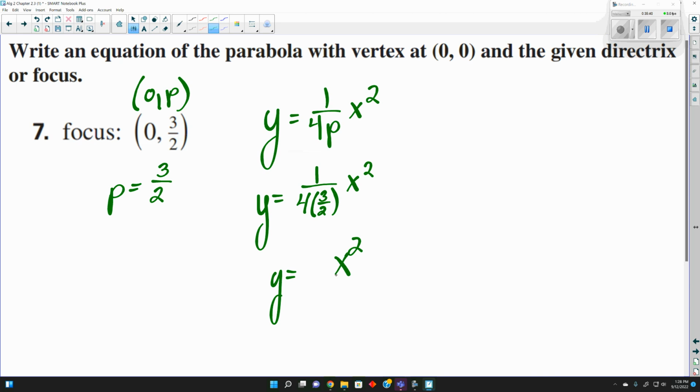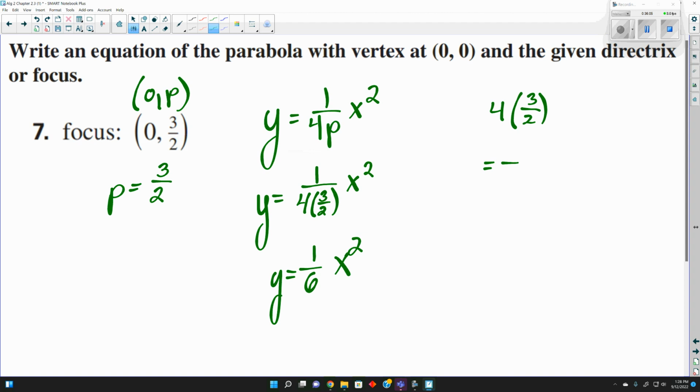Now at this point here, we could put 1 over 4 times 3/2 in a calculator and hit enter and let it figure it out for us. So 3/2, well, we're going to definitely take half of 4, yes? What's half of 4? Times 3. Now we could do it by hand, 4 times 3/2.